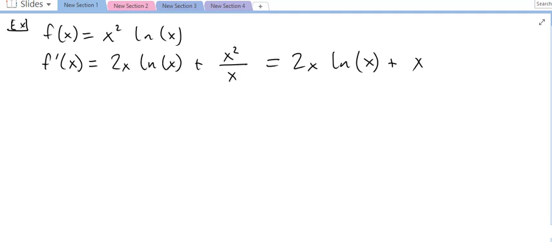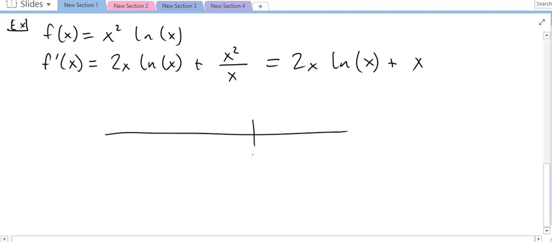And what we saw was that the one critical number we had was e to the negative 1/2. And then we worked out that on the interval to the left of e to the negative 1/2, we had negative values, and on the right we had positive values. So in the context of the theorem that we're looking at now, this e to the negative 1/2 is our critical number.